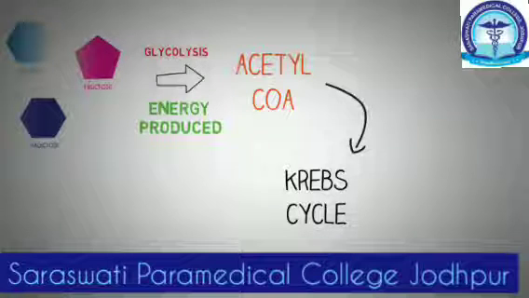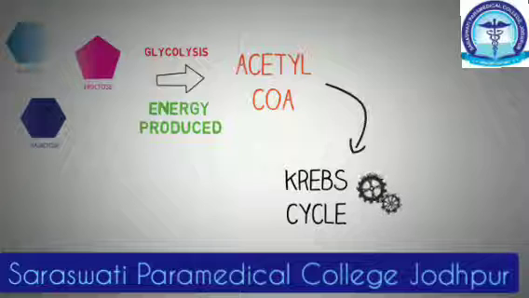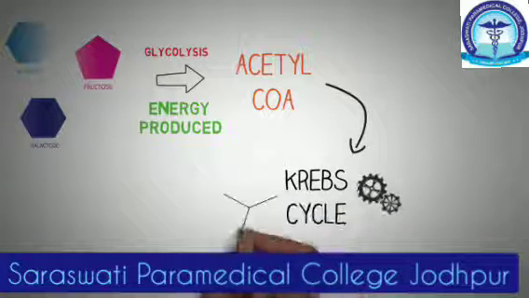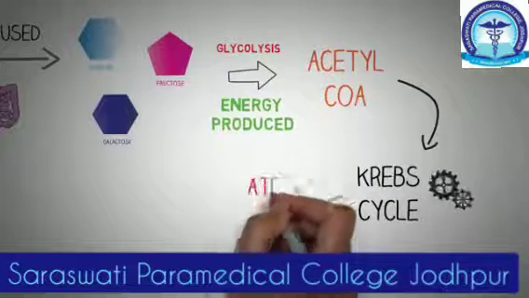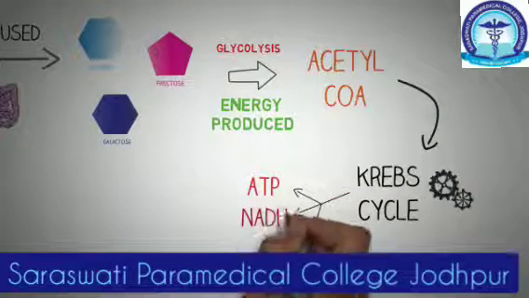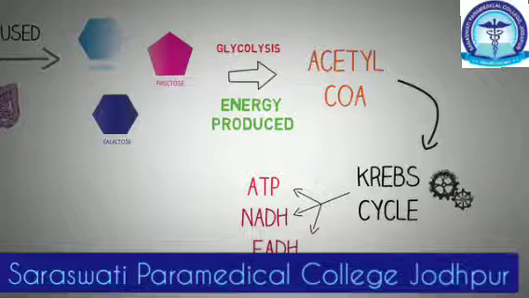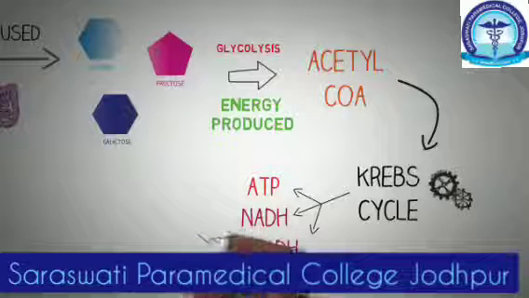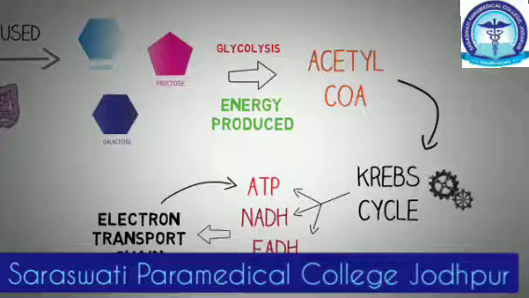In this cycle, we extract almost all of the energy that is present in these sugars in the form of ATP, NADH, and FADH. ATPs are utilized directly for energy, whereas NADH and FADH are high energy molecules that are used in the next step, which is the electron transport chain, where the high energy electrons present in NADH and FADH are used to produce a lot more ATPs.